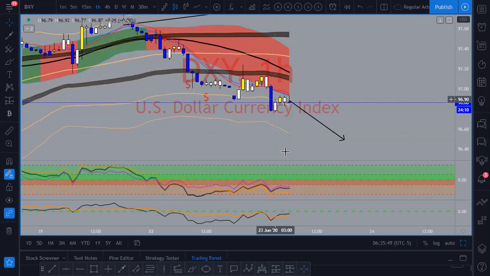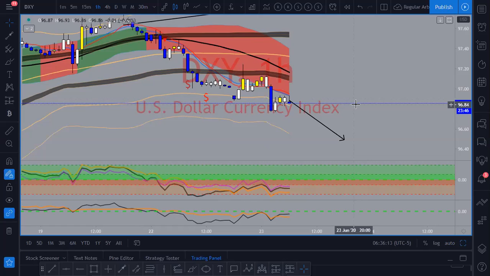Everything's pointing down. All of these are underground zeros. So again, not really crazy over the buys on the DXY. That means I'm not looking for the DXY to have a lot of strength, and therefore that helps me with my USD Mexican peso sell that I'm looking for.